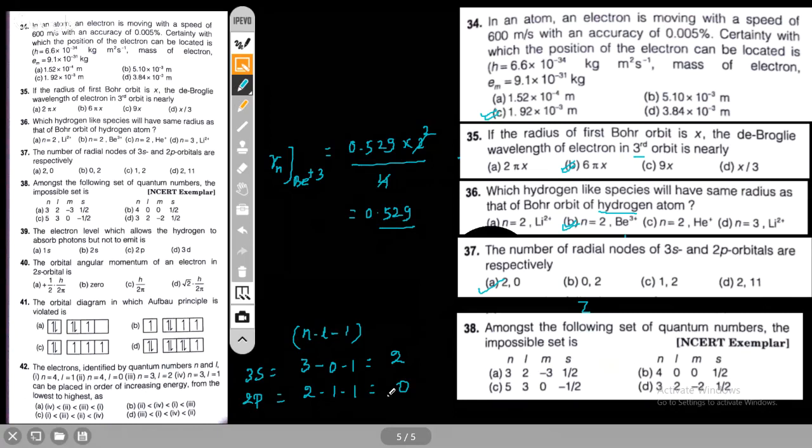M lies between minus L to L, right? So it cannot be less than minus 2 over here. That's why A is impossible.